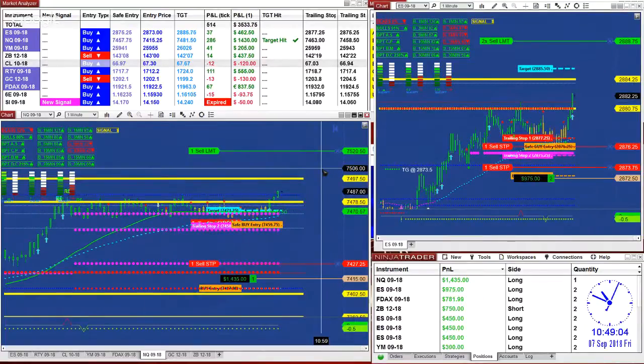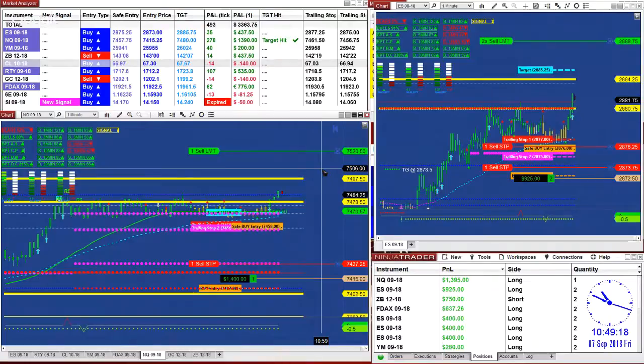The system is hitting the target 2885 on the ES. So this is really nice. And I'm so glad whoever followed me on that call, the ES. I hope you exited where I told you to exit. That will not leave you empty pockets this weekend, for the ones who are non-members.